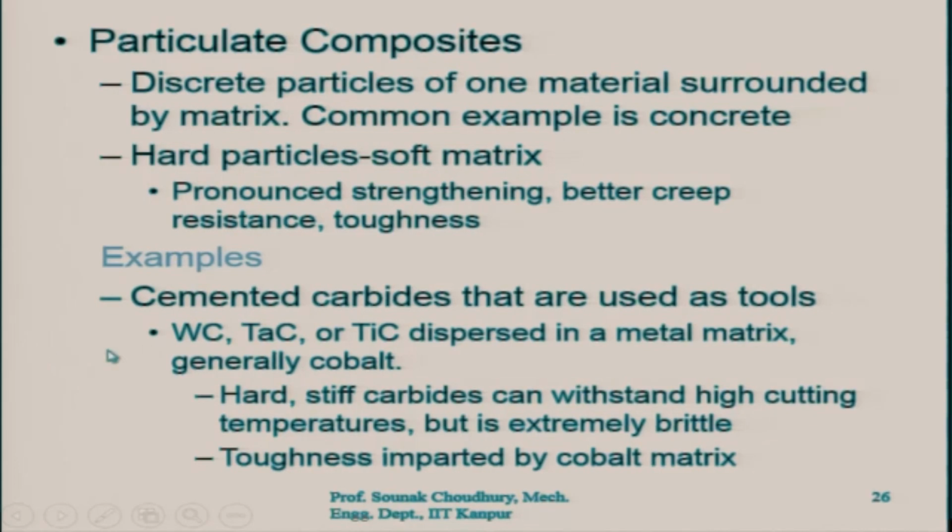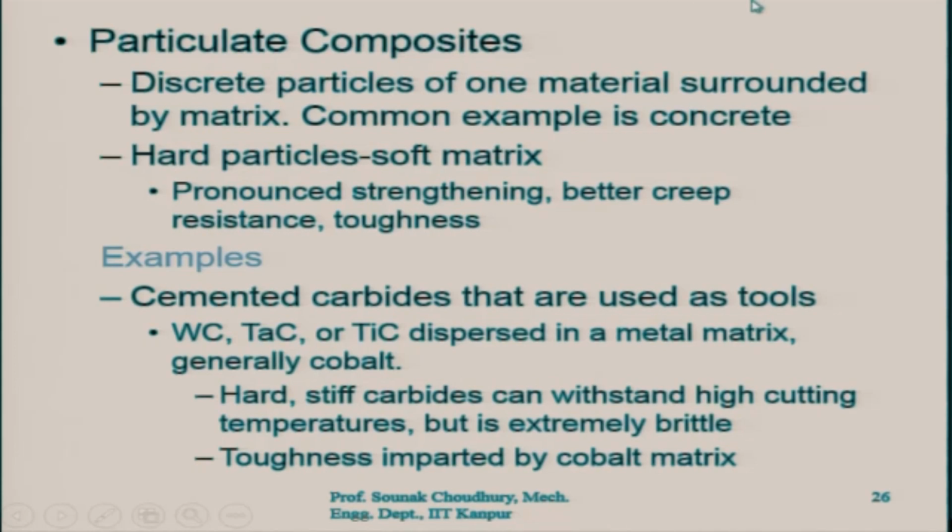Examples are the cemented carbides used as tools, for example tungsten carbide, tantalum carbide and titanium carbide, dispersed in a metal matrix. As you may remember, these materials are used for making cutting tools.